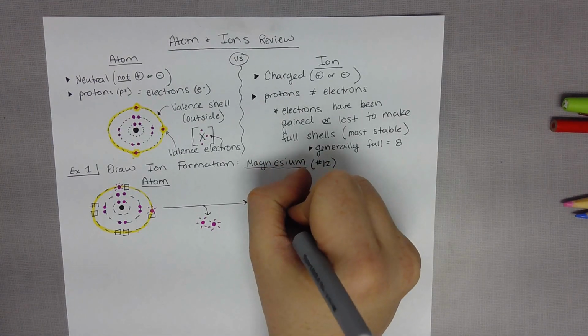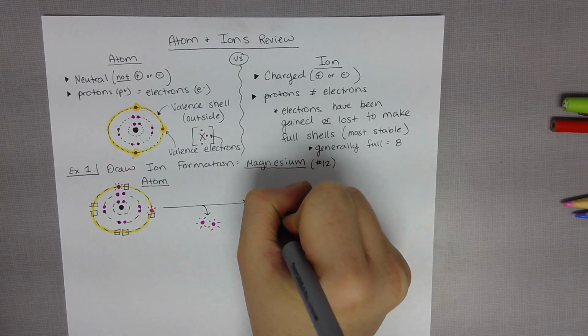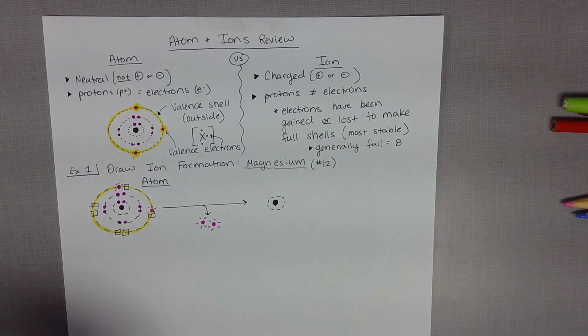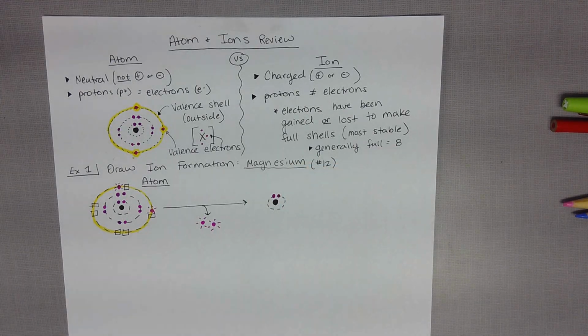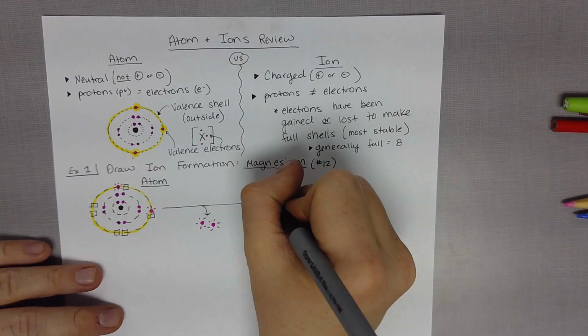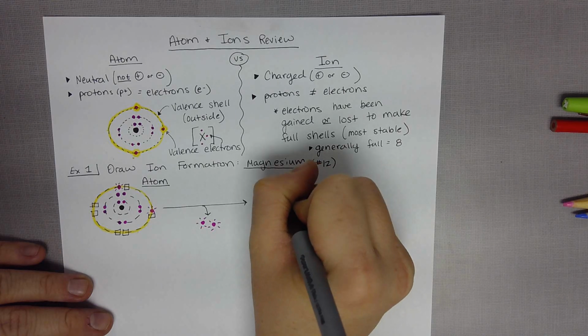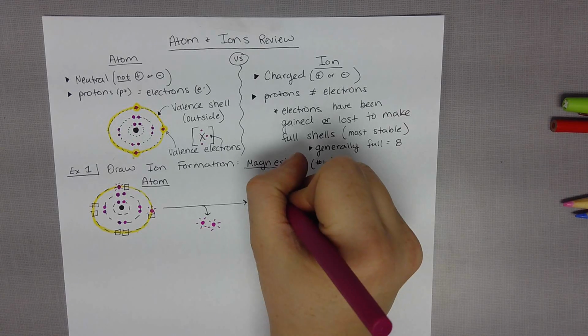My nucleus is still intact. My first ring didn't change. I still have 2 electrons in that first ring. My second ring didn't change either. I still have 8 electrons in that second ring.